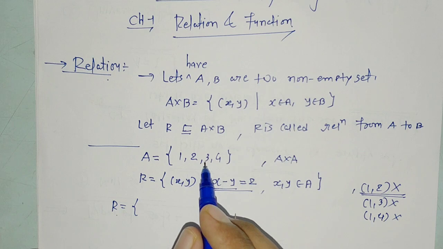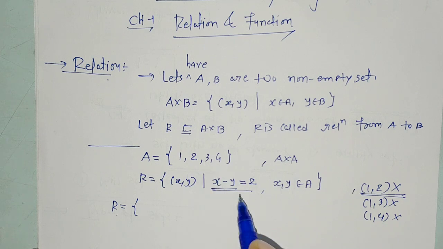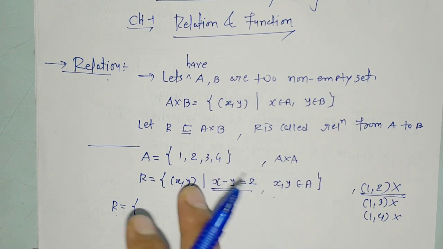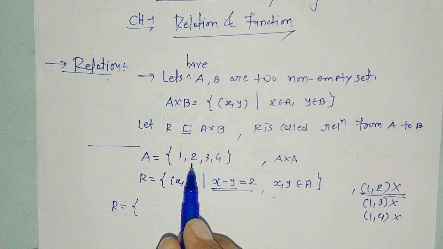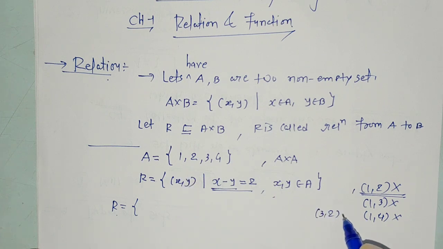So 2 minus 3, I'll get minus 1. If I invert the places, (3, 2), I'll get 1, which is also not equal to 2. So (3, 2) cannot be in R.